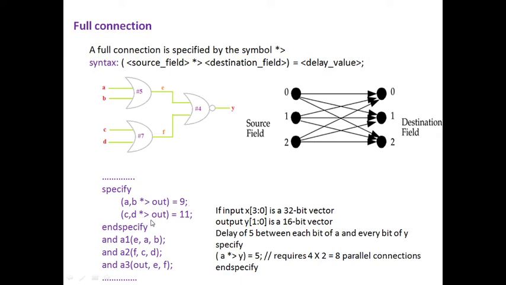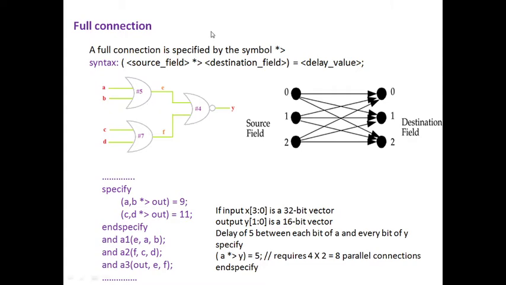C comma D star greater than, out equal to 11. So this is the amount of delay. 11 seconds is the amount of delay for C source and D source to reach Y. This much amount of delay, 11 seconds, it is consuming.